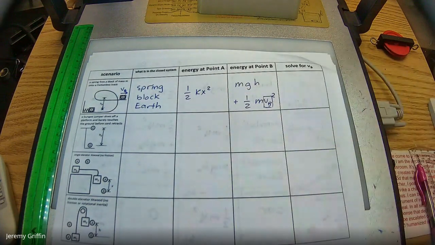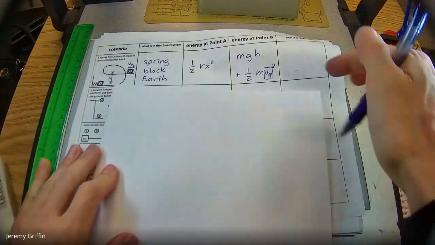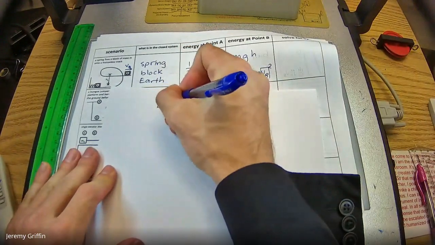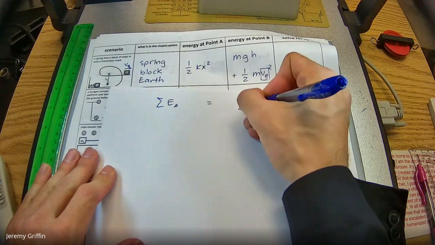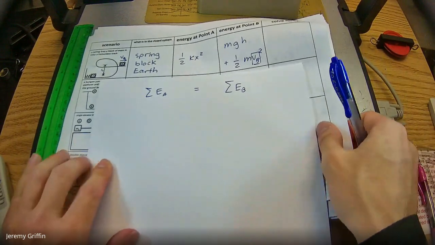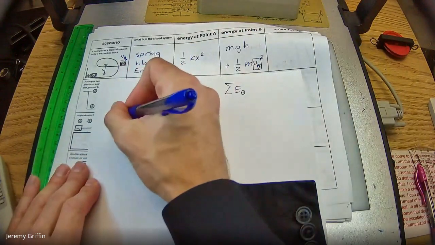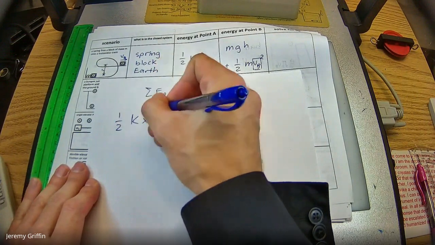Wonder if we can solve for that speed at point B. So sum of energy at point A is equal to sum of energy at point B. Just energy is conserved. At point A, it's all 1/2 kx squared.